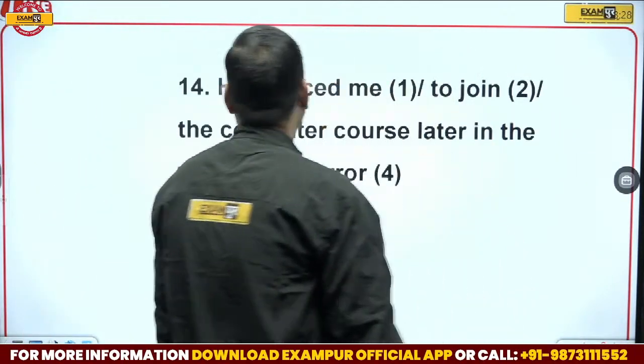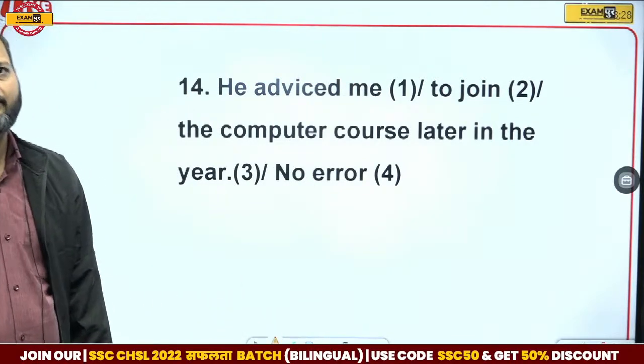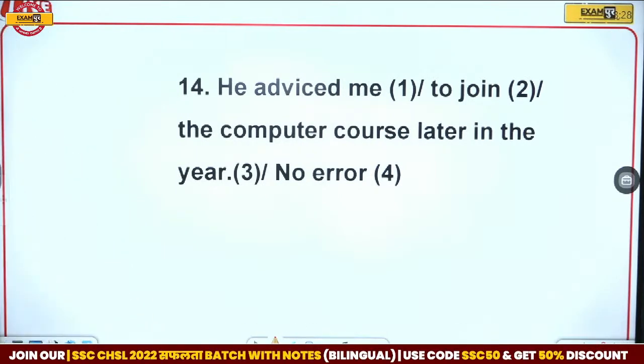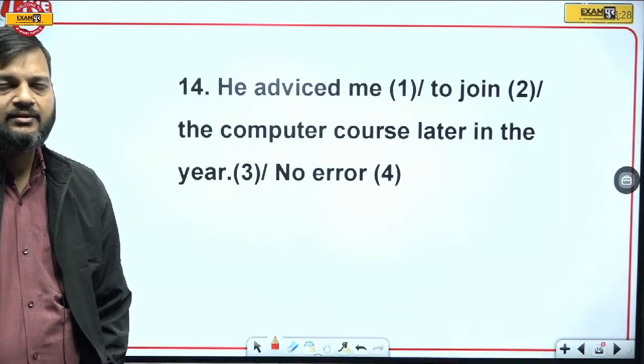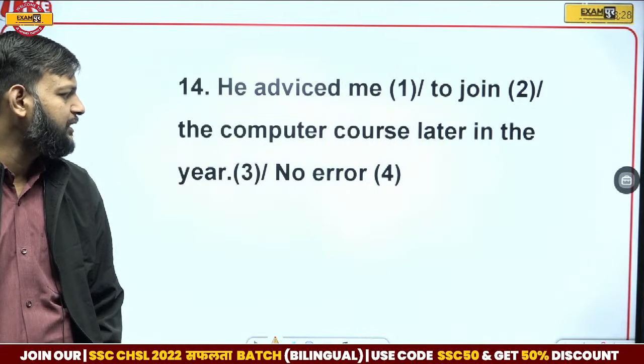Okay, the next one. He advised me to join the computer course later in the year. What is the error in this sentence? He advised me to join the computer course later in the year.